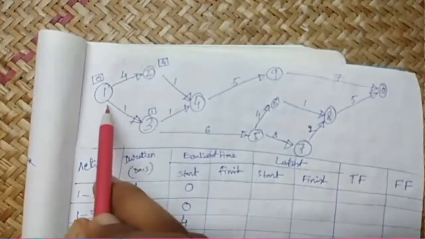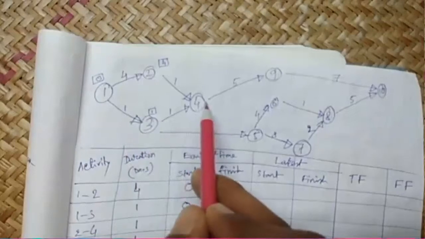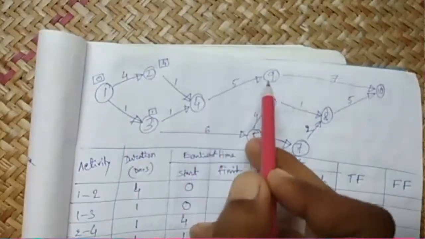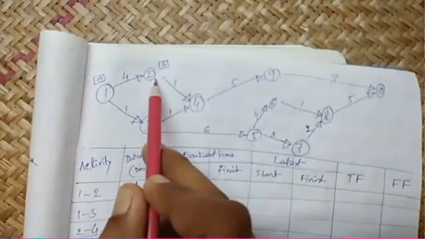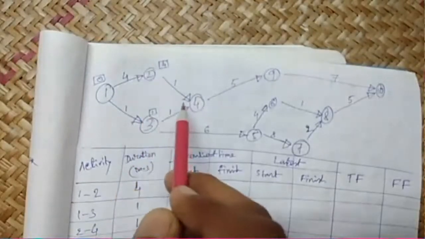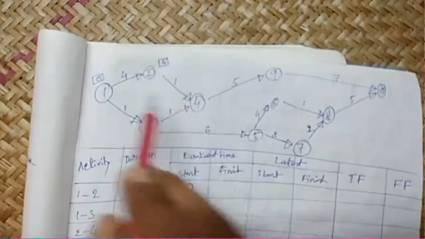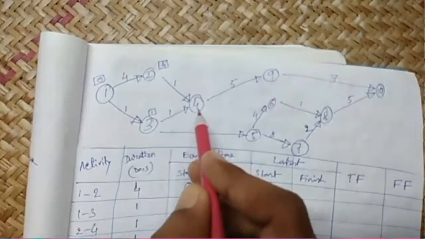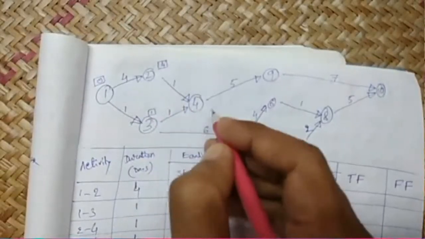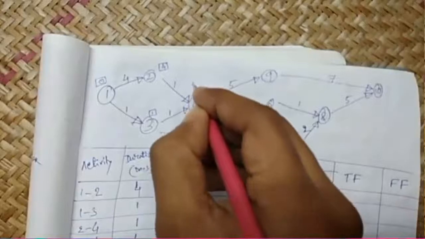Now after 2 days, 4 9 cannot be started because this 4 plus 1, 5 days has not been completed. Event 2 has not been completed, so 2 4 has not even started. So that's why this 4 9 cannot be started. So at 4 there are two options: one is 5 and another one is 2.